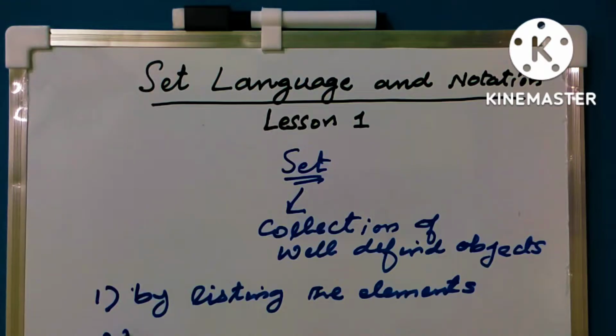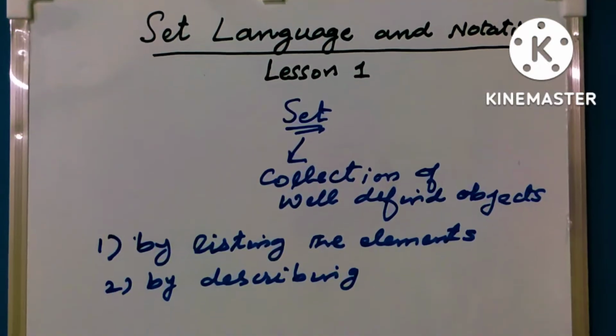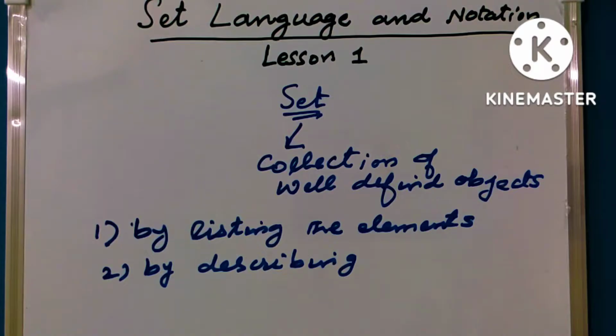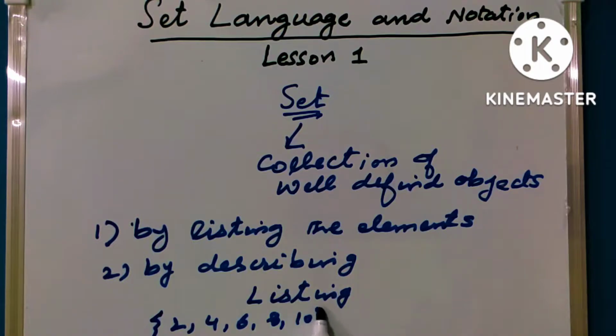and by describing. Here are examples of listing the elements. For example, if we have a set of 2, 4, 6, 8, 10.